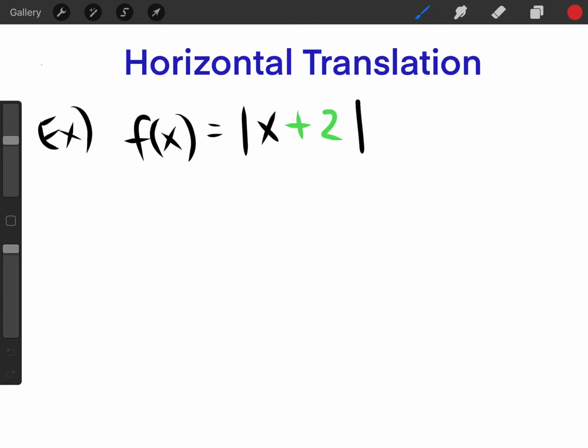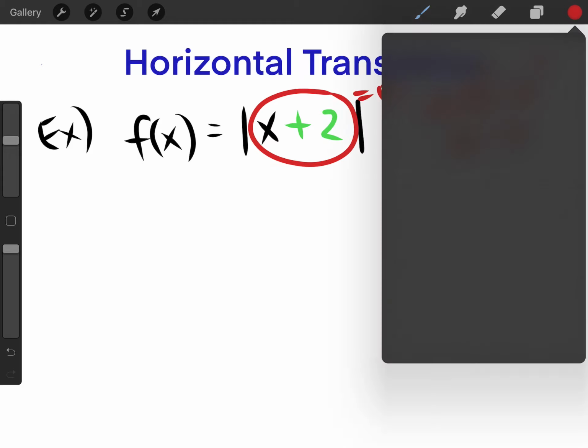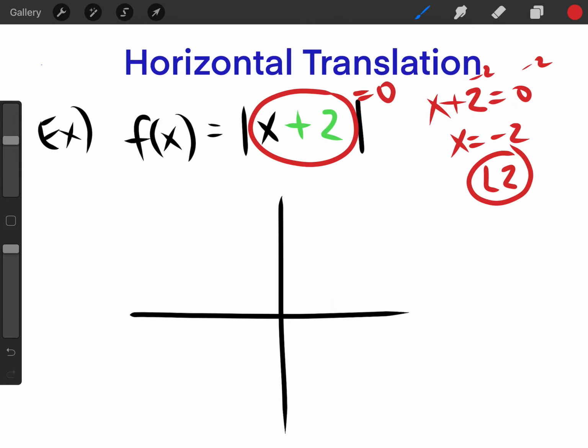So this is going to be your graph. Alright, this time you see that it's x plus 2 inside of the absolute value. So set this equal to 0. So x plus 2 equals 0, so you subtract 2 on both sides. So 0 minus 2, that's negative 2. Oops, sorry, I forgot to tell you that this is going to go towards the left by 2.